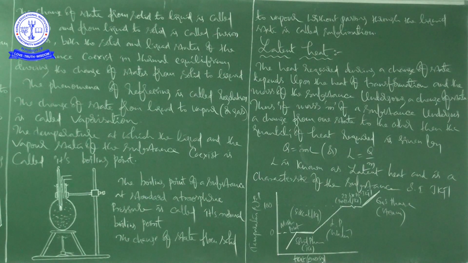The same scene will repeat regarding liquid to vapor. When the temperature of the water attains 100 degrees centigrade, then boiling starts, depending upon the atmospheric pressure. Unless all the water molecules convert into vapor molecules, there will be no increase in the temperature. The temperature is 100 degrees centigrade only.